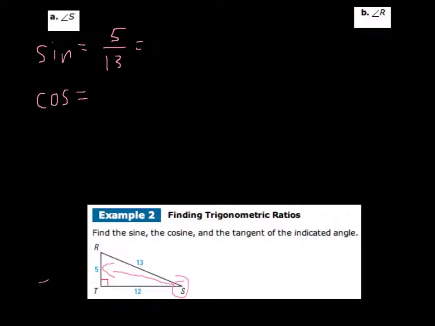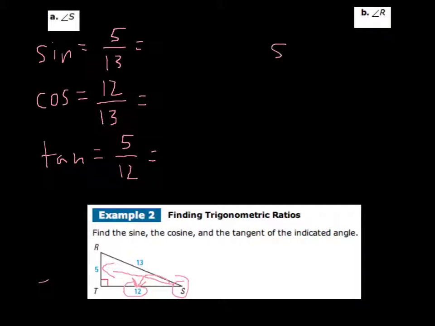Cosine is equal to adjacent, which is the 12, over hypotenuse, which is 13, and tangent is opposite over adjacent, which would be 5 over 12. Take a moment, press pause, evaluate all of these out to 4 decimal places, and then repeat the process for angle R. Press pause now.